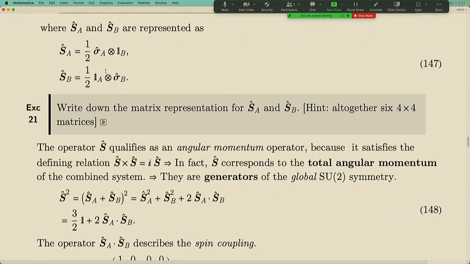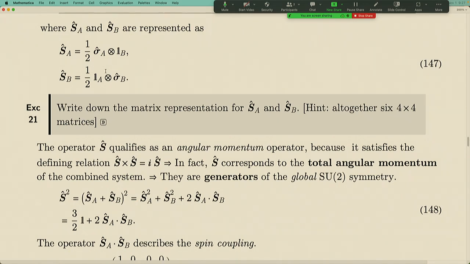But remember, these are not just operators. These are also physical observables. These S_A and S_B both contain three components, and each component is a 4x4 matrix, basically, as an operator. So we really can add them together.